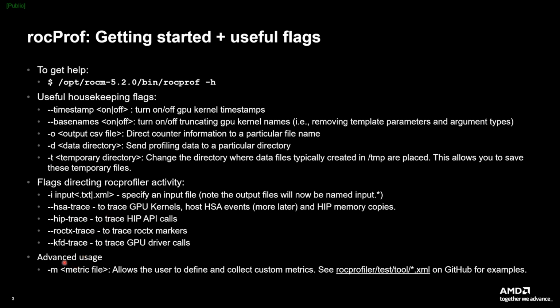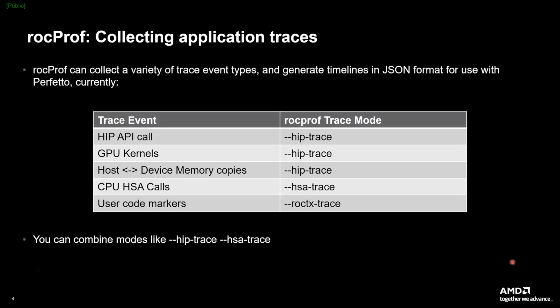There is also the -m metric file, which allows you to define and collect custom metrics. You can see examples in the Roc Profiler directory or on GitHub. Rocprof can collect a variety of trace events and generate timelines in JSON format for use with Perfetto currently.